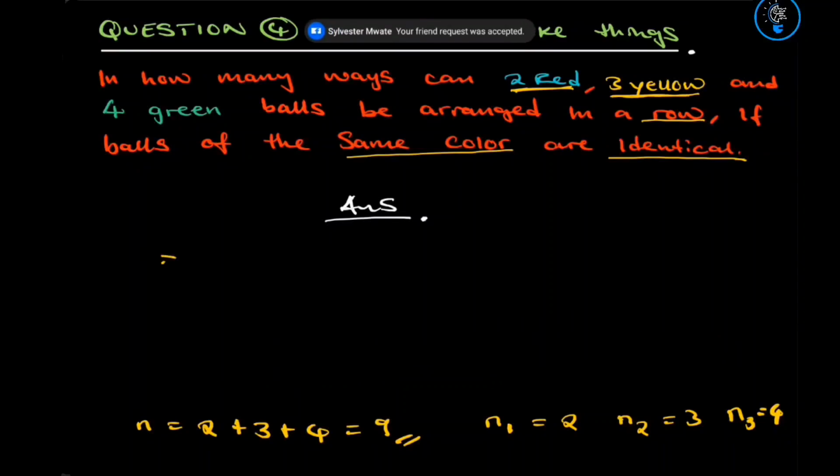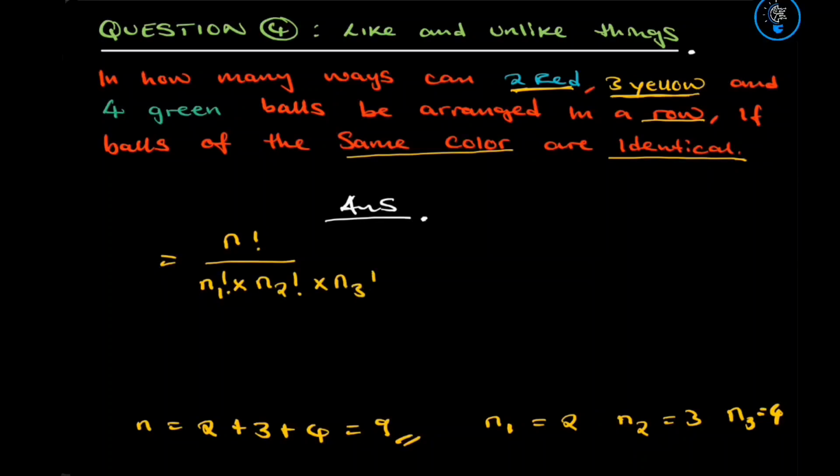So to find the total number of arrangements, it's n factorial divided by n1 factorial, times n2 factorial, times n3 factorial, which will be equal to 9 factorial divided by 2 factorial multiplied by 3 factorial multiplied by 4 factorial.